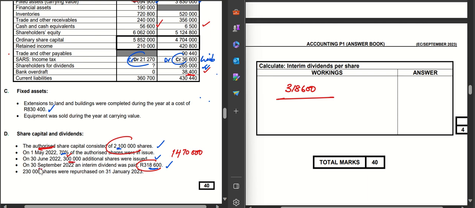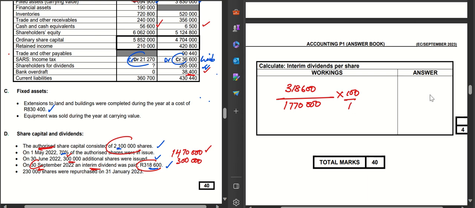So that means by 30 September, they were not only having 1,470,000, they had also issued 300,000 shares. So in issue, they had 1,770,000 shares by 30 September when they were issuing the interim dividend. Then you multiply this by 100 over 1.